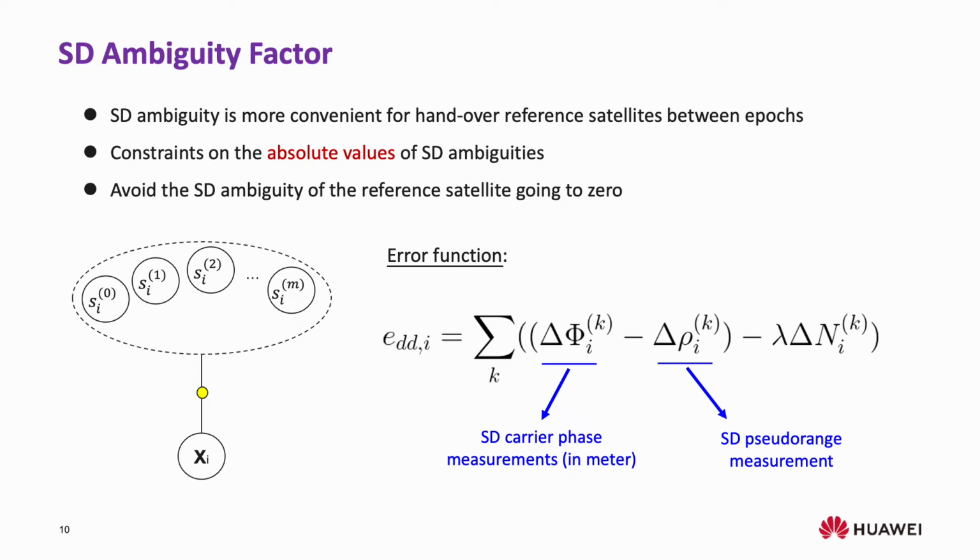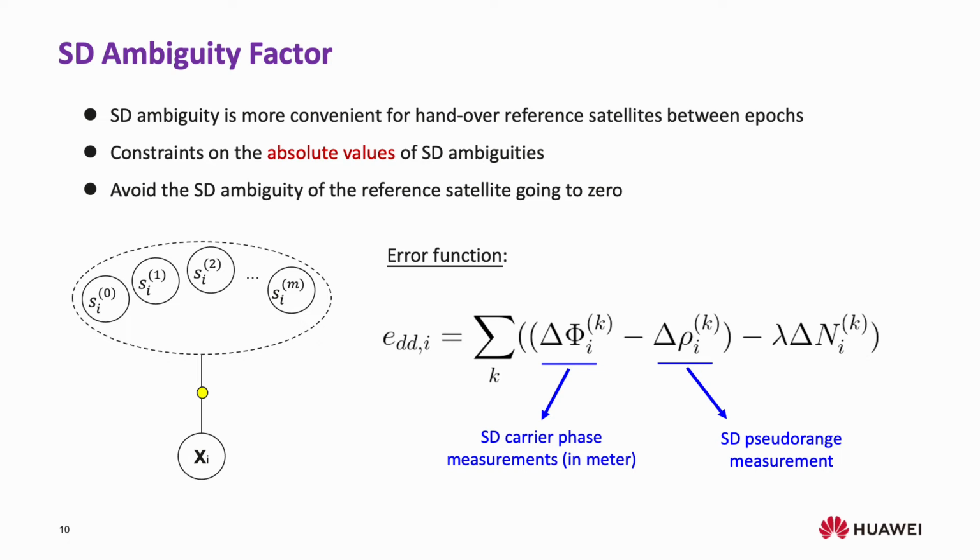In the calculation of the error function, its residual is calculated from the single difference carrier phase and single difference pseudo-range measurements, and these two measurements are used to constrain the ambiguity sum of different received satellites.